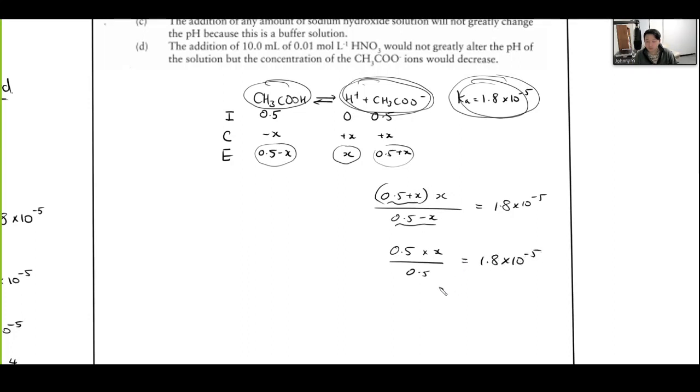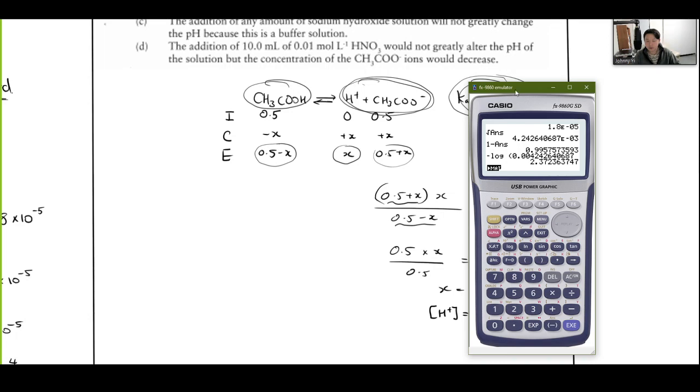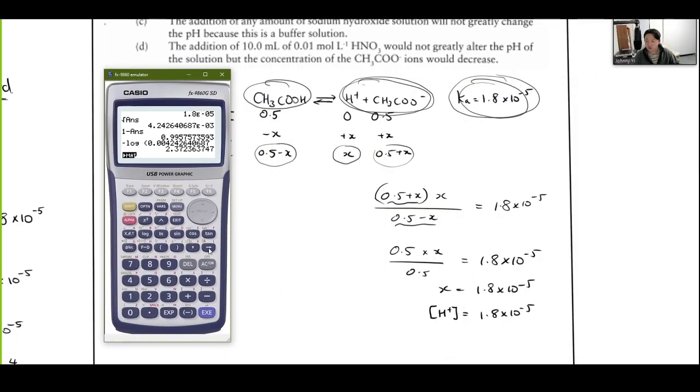Then you get x equal to 1.8 times 10 to the power of negative 5. That's your concentration of this. So what's the pH? Negative log of 1.8 times 10 to the power of negative 5 gives about 4.7.